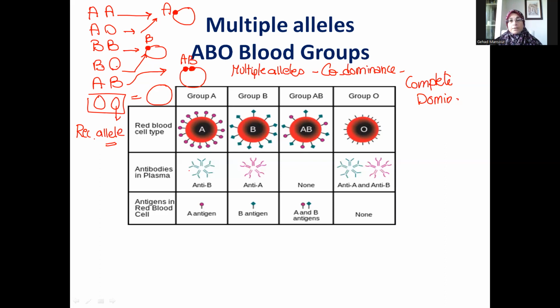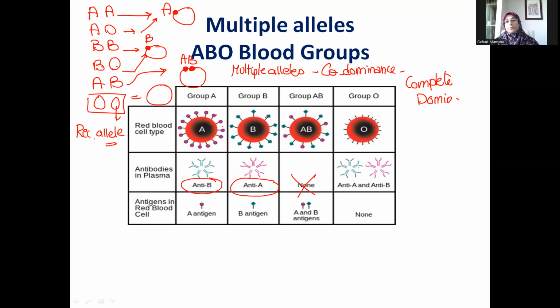So here you can see in that table, in group A, you have antigen A on your red blood corpuscles, but in your plasma you will have anti-B. In group B, you have antigen B on your red cell membrane, but in your plasma you just have anti-A. If you are AB, then you cannot have any kind of antibody in your plasma.